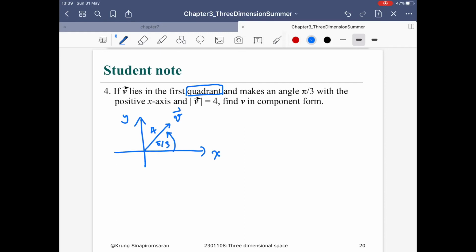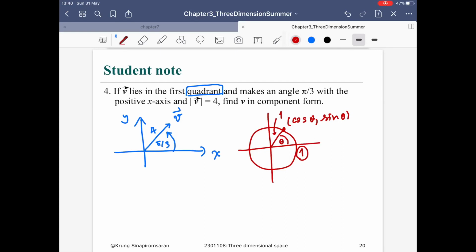So you may need to recall the trigonometric functions on the unit circle. Let's say that this one is an angle theta, then the x and y depend on the theta along this circle. So this one is cosine theta and sine theta, and you know that this length is simply 1 because of the radius.